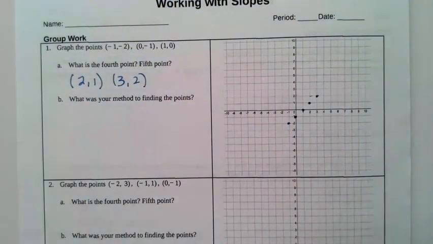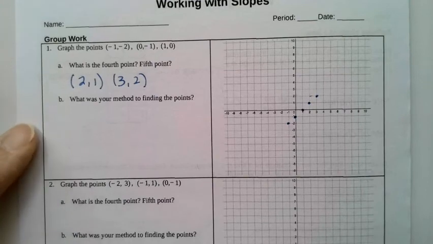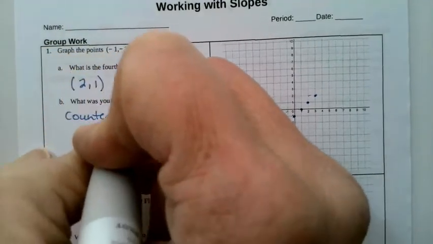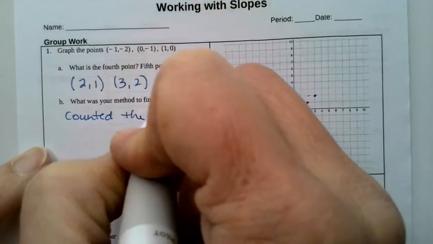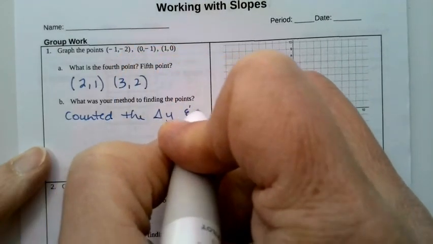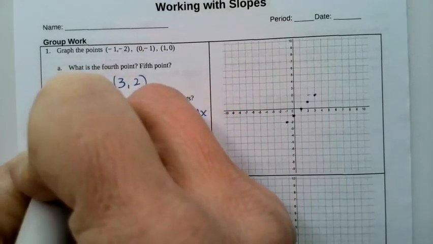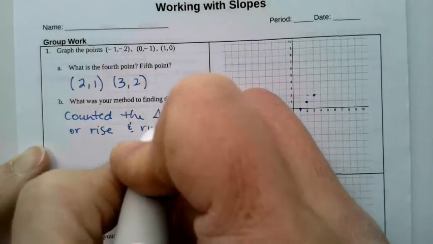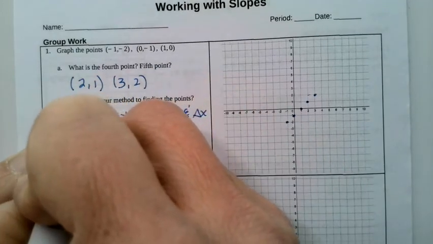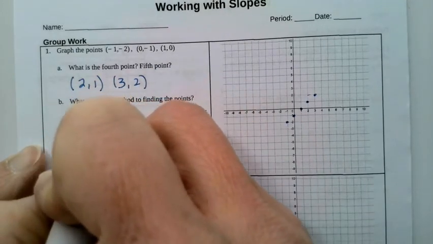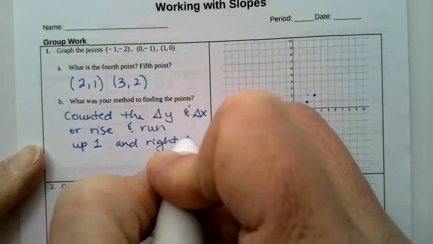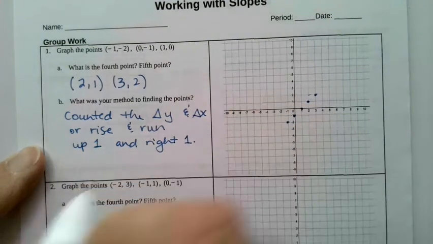And our method for finding the point was I counted the change in y and the change in x, or you could think of that as rise and run. So I went up 1 and right 1 for this.